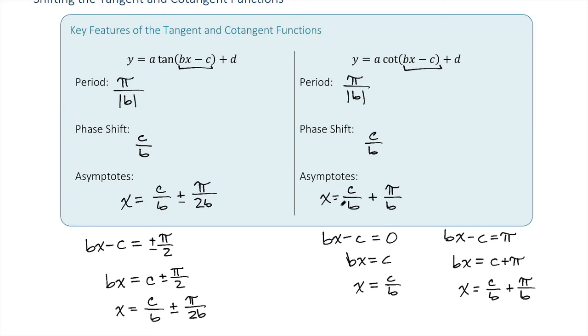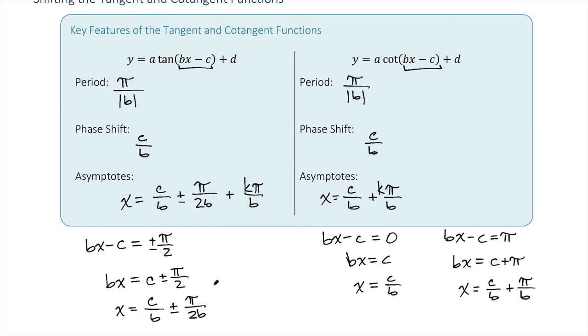I just wrote a couple of asymptotes, but you can do any multiple of that period. And then here you can do c over b plus or minus pi over 2b, and from there you can add any multiple of the period.